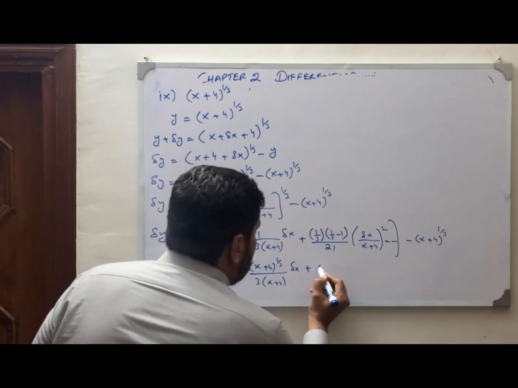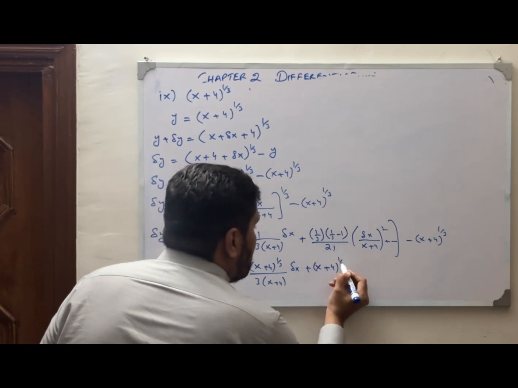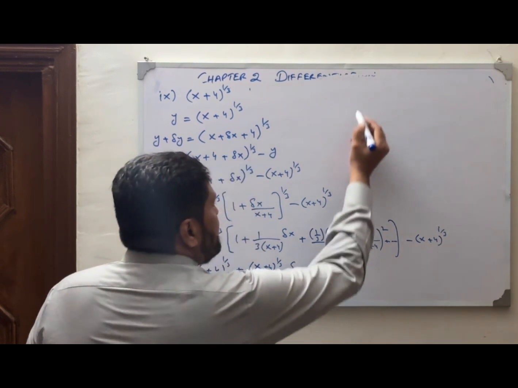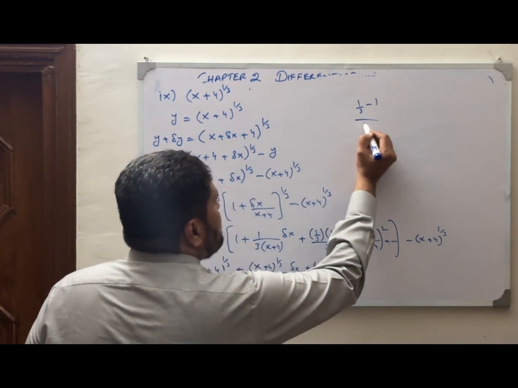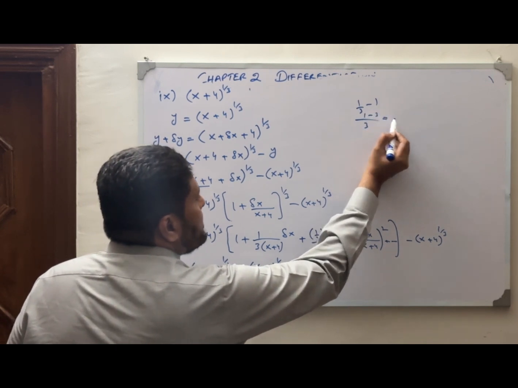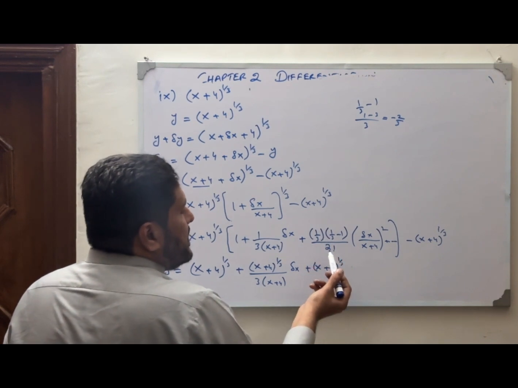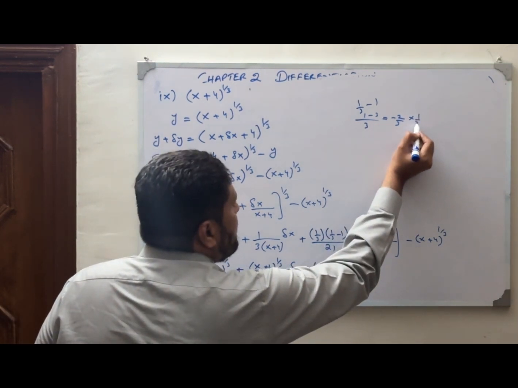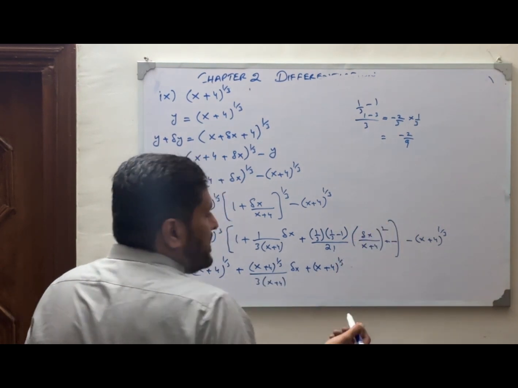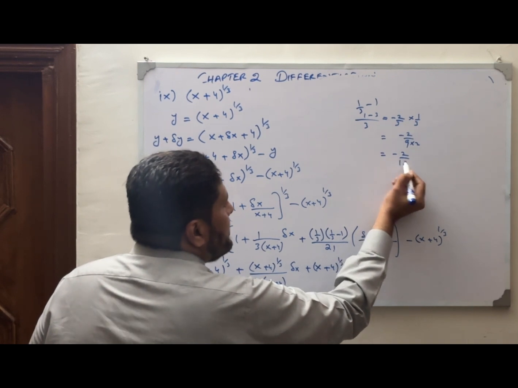we can write it as it is. (x plus 4) power 1 by 3 into 1 by 3 minus 1, that is equal to, if we take the denominator LCM for that, 1 minus 3, that is equal to minus 2 by 3, and multiplied by 1 by 3, that will become minus 2 by 9, and in the denominator we have 2 factorial multiplied by 2, this will become minus 2 by 18.